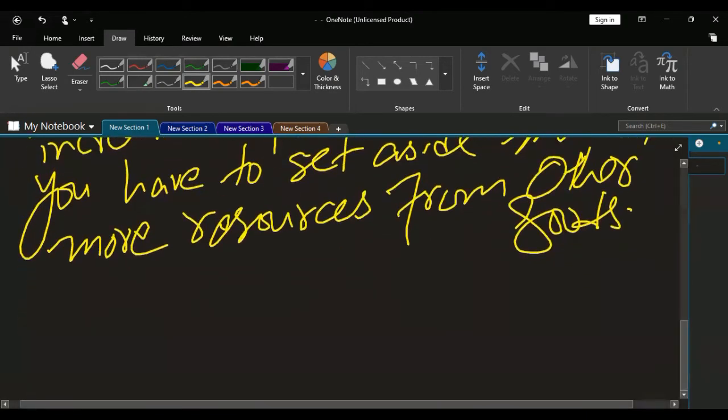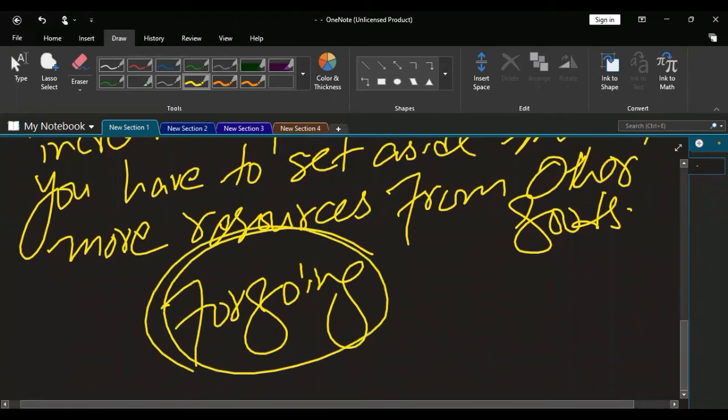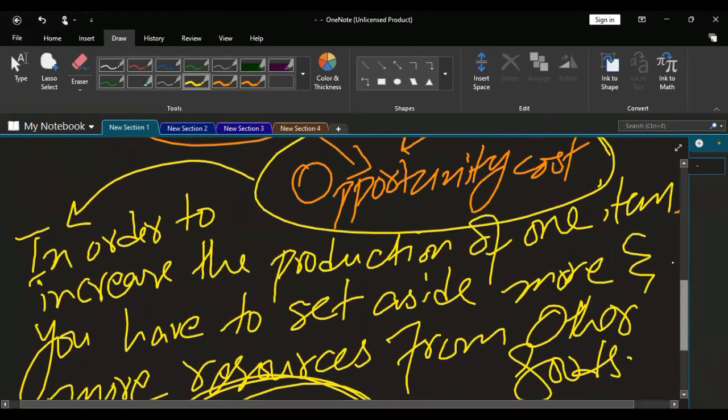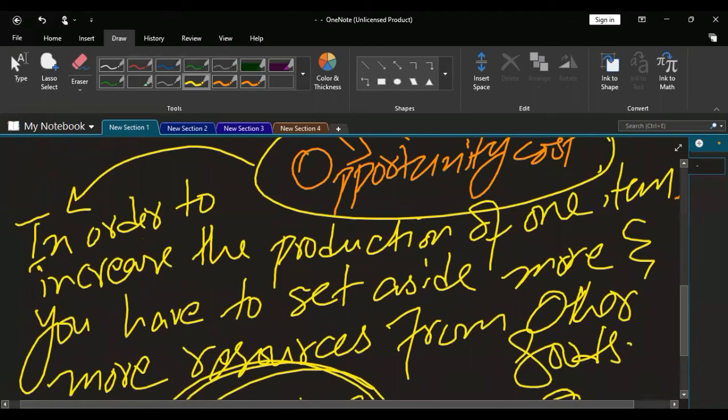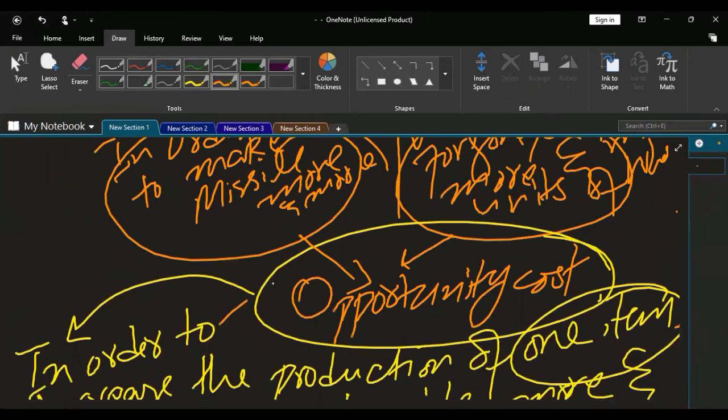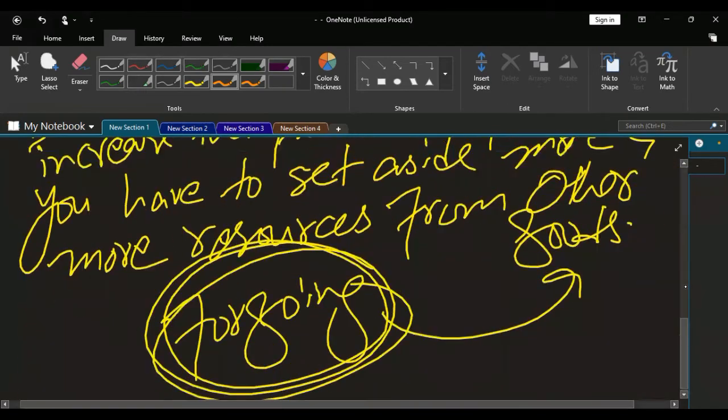So the concept of foregoing more and more units of another good in order to produce the first item is known as opportunity cost. It is the most important concept of economics that is applied in each and every part of life.